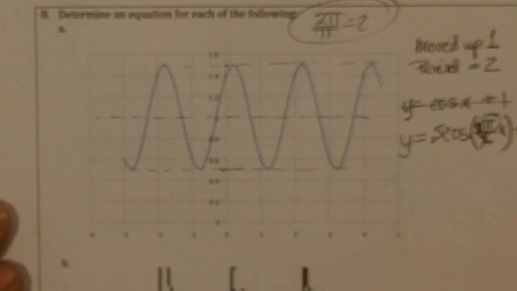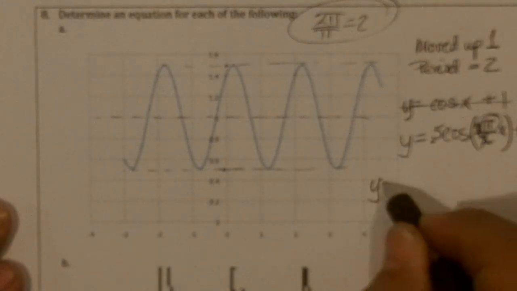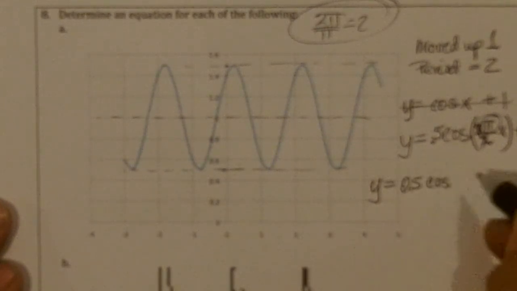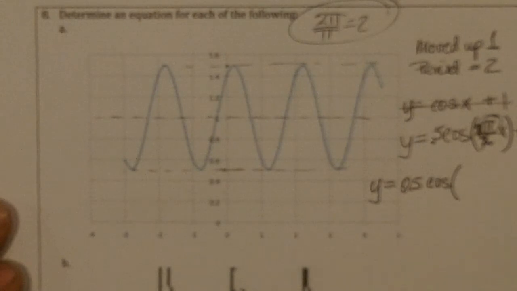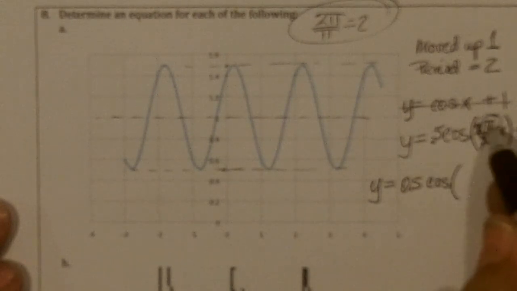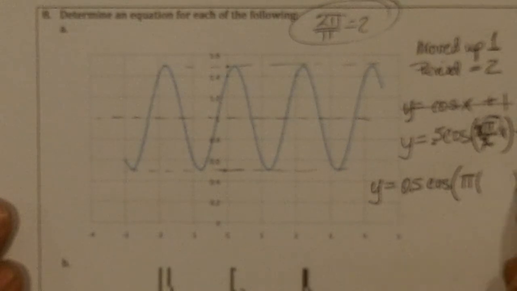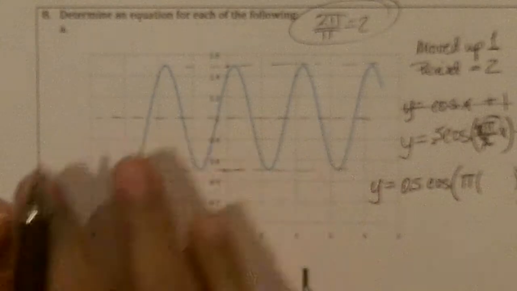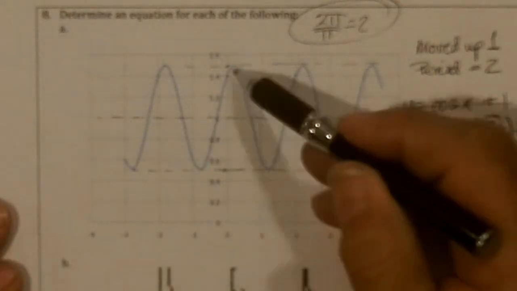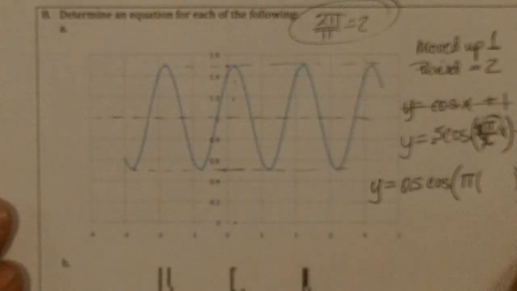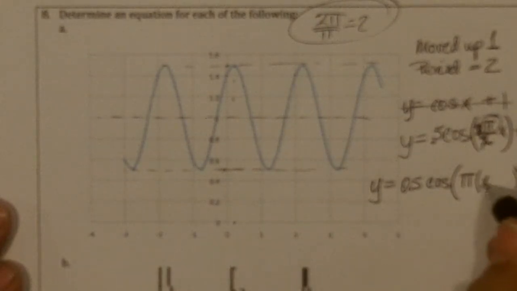So I need to change this equation one more time and write y equals 0.5 cosine, parenthesis, and as we talked about on Monday, we do pi, and then I can do in separate parentheses how much I want the curve to move sideways, and it looks like it's about 0.2 over, so I might go x minus 0.2.